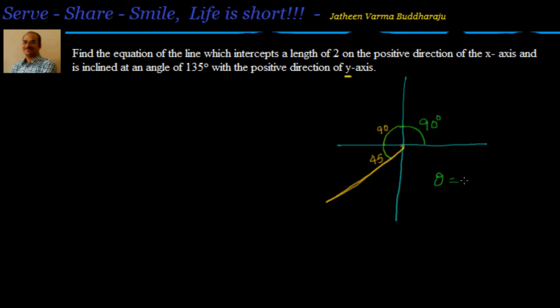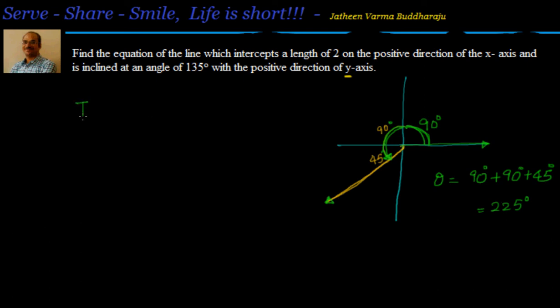So theta is 90 plus 90 plus 45, that's equal to 225 degrees. So 135 degrees with the positive direction of y-axis means 135 degrees from the positive direction of y-axis plus the 90 degrees in the first quadrant. So the inclination with the positive direction of x-axis is 90 plus 135, that's equal to 225.